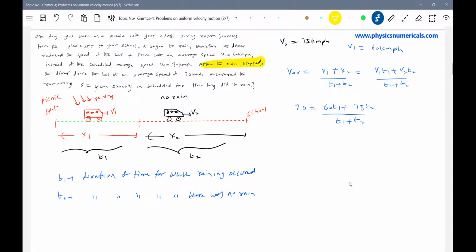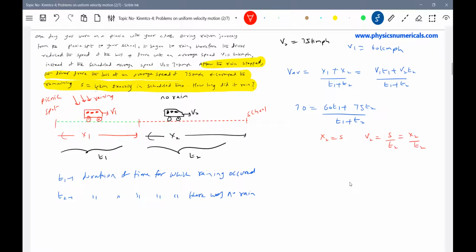After the rain stopped, the driver drove the bus at an average speed of 75 kilometer per hour and covered the remaining S equal to 40 kilometer exactly in scheduled time. So what is the meaning of this? X2 is 40 km, moving with speed V2. V2 should be equal to X2 by T2.